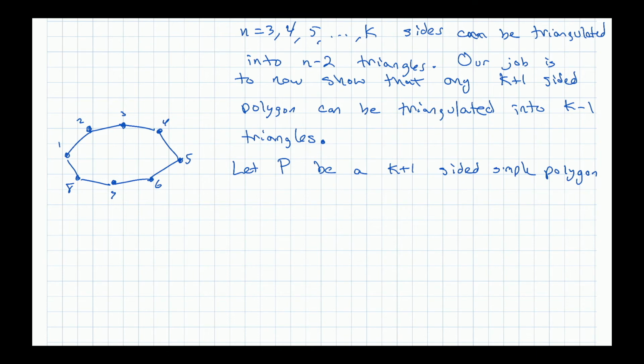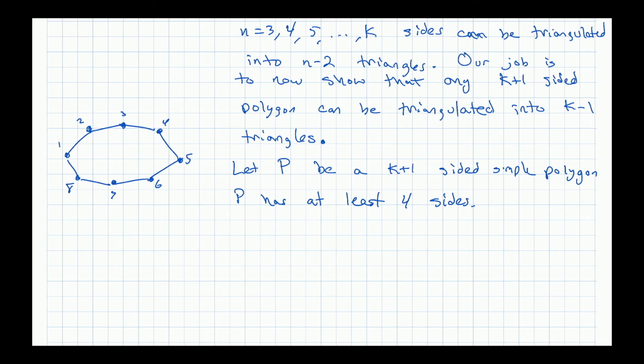Now, the idea is if you have a k plus 1-sided simple polygon and k is at least 3, because we're talking about 3 up to k, and this is k plus 1. If the smallest k could be is 3, then P has to have at least 4 sides.